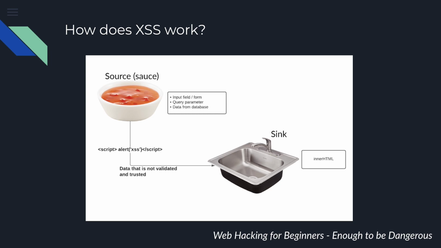Where the content actually ends up is what we call the sink. So the source ends up in the sink. A sink example would be innerHTML, an attribute of the actual DOM. So document.element.innerHTML is whatever. But if the website is supplying that source back into its own sink, that's when things become problematic.